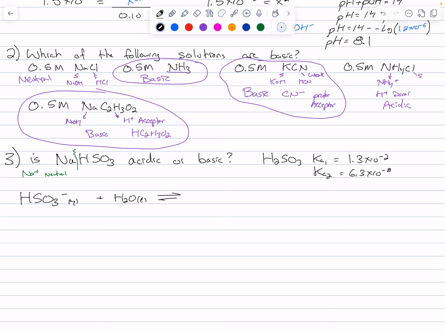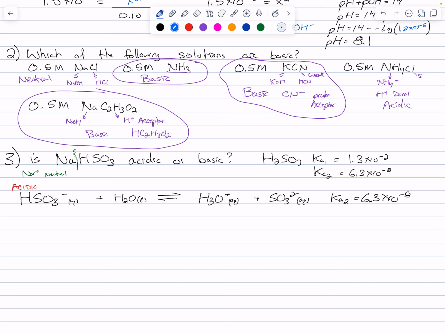It can be a proton donor. Get H3O plus and SO3 2 minus. And that has Ka2 involved, excuse me, Ka2. That's the second proton, 6.3 times 10 to the minus 8. So we know how far that reaction goes. So this would be acidic if this is the case.